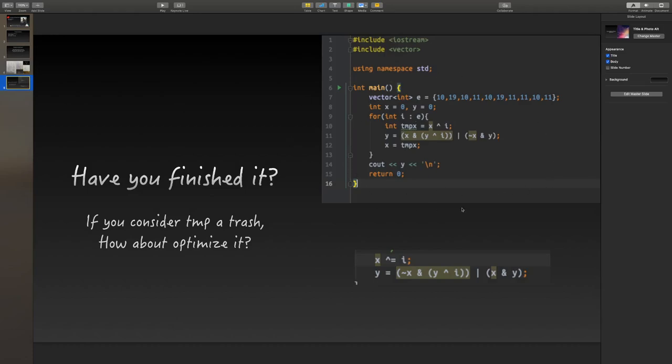And if you want to optimize the code without the temporary variable, here's another version. Although it looks not so different from the previous code. So have you finished it? If you consider the temporary variable trash, just optimize it.